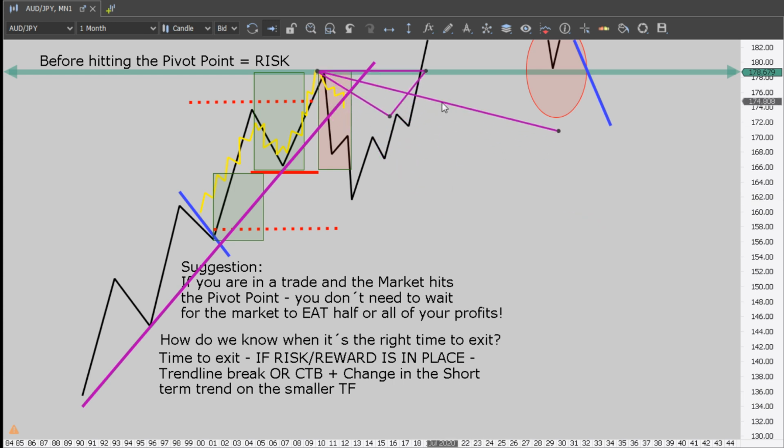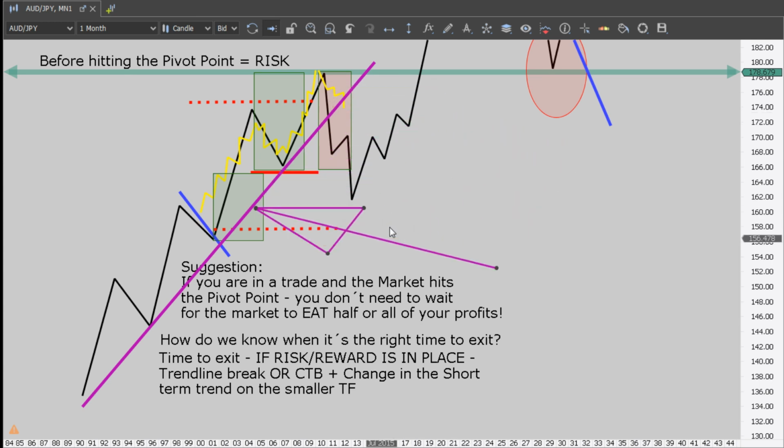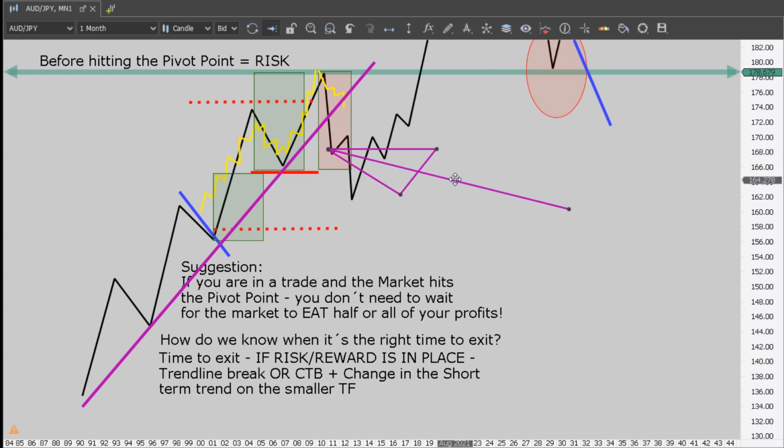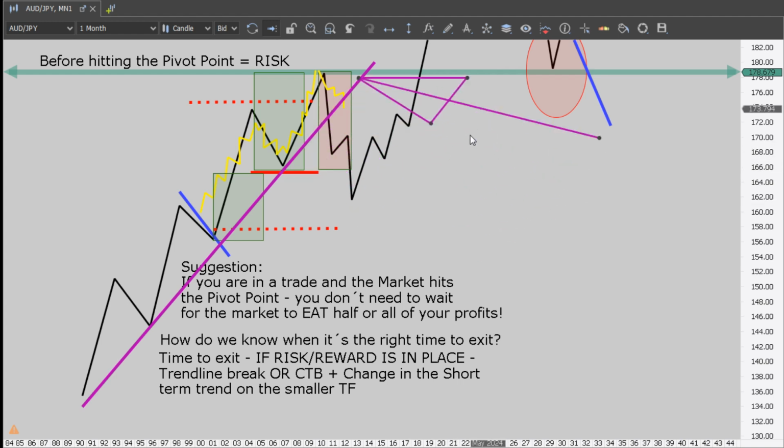If you have only the change in the short-term trend, this is not enough. You must also have a break of the uptrend line or the counter trend line.